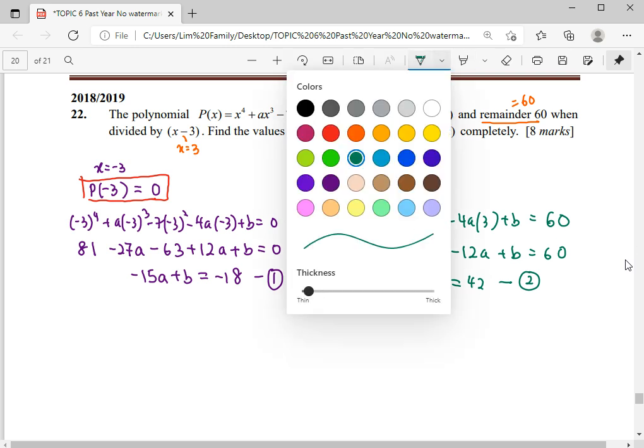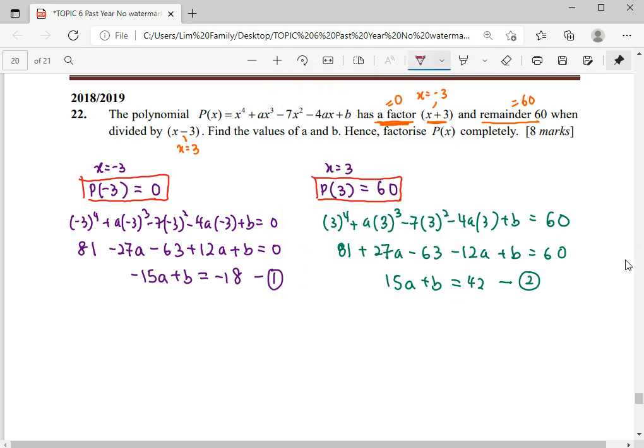And we start to solve the simultaneous equations here. So you can see B, they are the same. We can eliminate B. So how do we eliminate B? We can take equation number 2 minus number 1. So 15 minus negative 15, it will become negative, negative, positive.